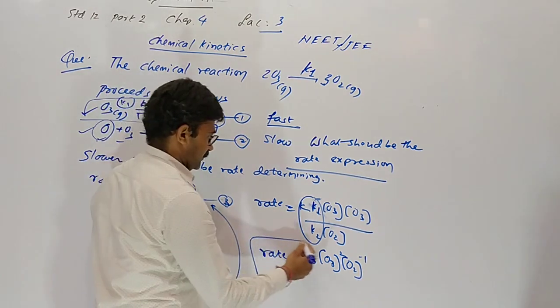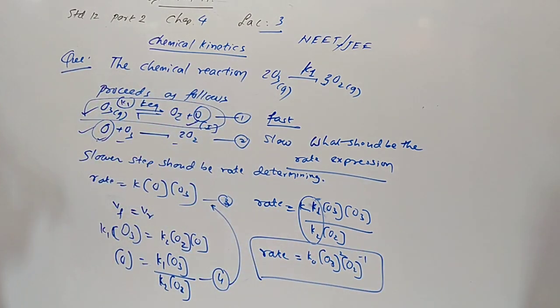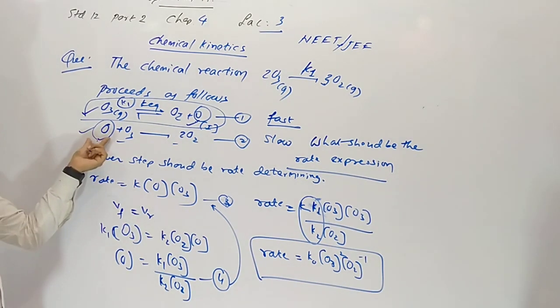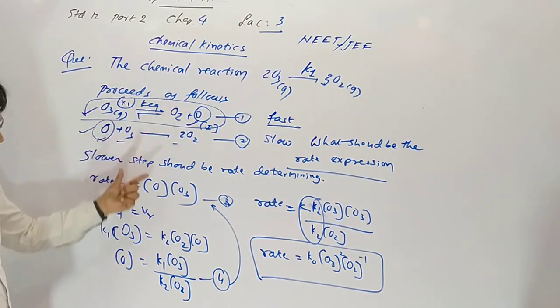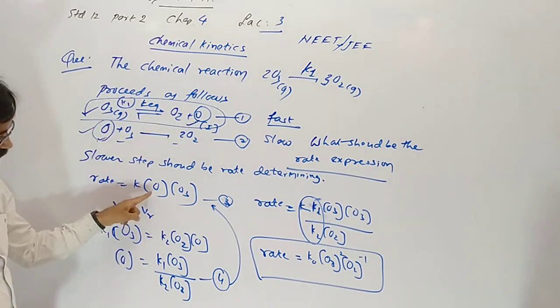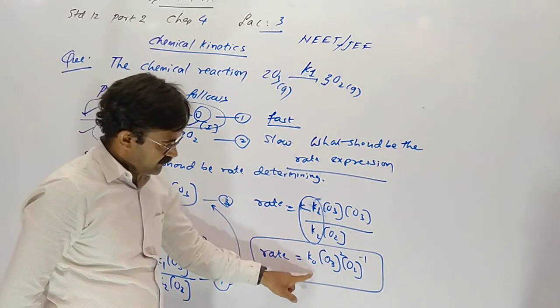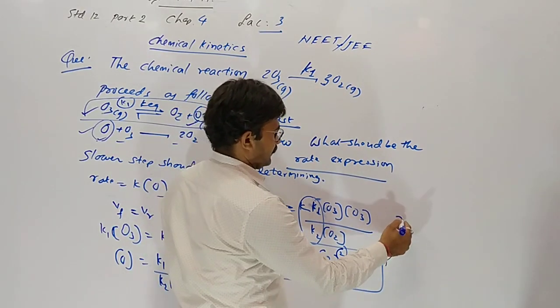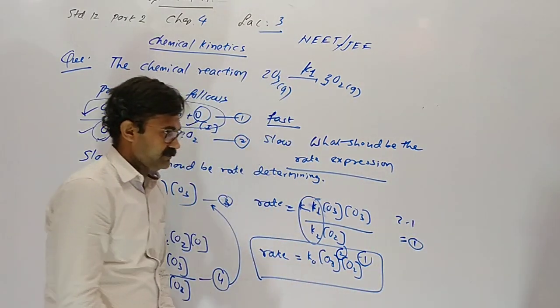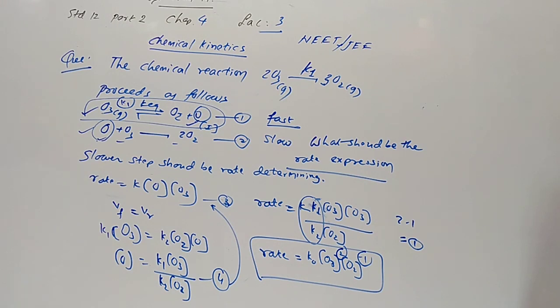This is our true rate expression. Understood? The slower step is rate determining, okay. But when an intermediate product is there in the slower step, we have to define the value of the intermediate using the equilibrium formula and put that value here. So the total order of the reaction is 2 minus 1, so the overall order of the reaction is 1 here.